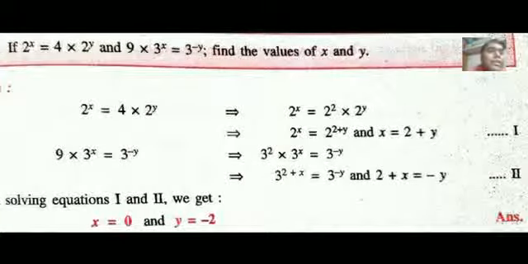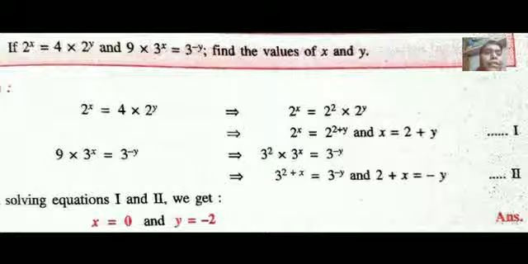Another question here. If 2 to the power x is equal to 4 into 2 to the power y, and 9 into 3 to the power x is equal to 3 to the power minus y, find the values of x and y. Since 2 to the power x is equal to 4 into 2 to the power y, we can write 4 as 2 to the power 2.